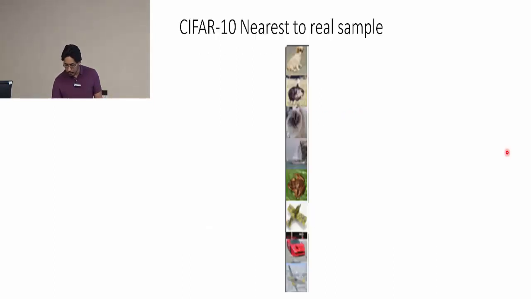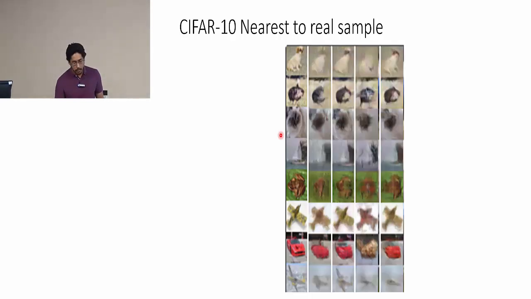And then the final experiment they ran was on the CIFAR 10 dataset. They had the real sample images, and for this test they found the closest generated image to these real samples, and that's what shows up here. The first column is DCGAN, next column is Ollie, third column is Unrolled, and the fourth column is VEEGAN.